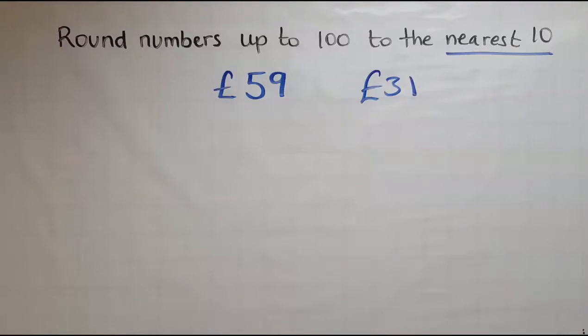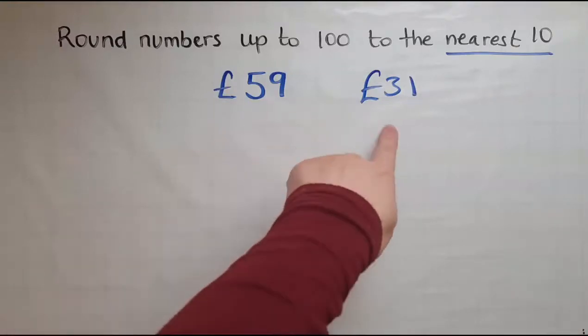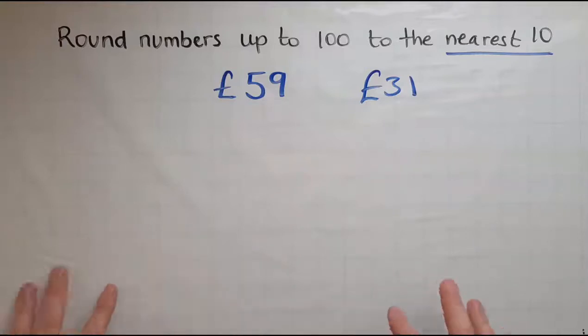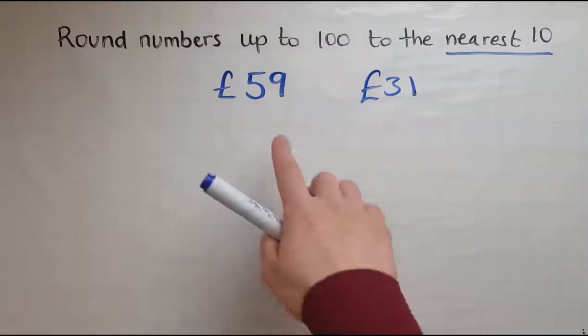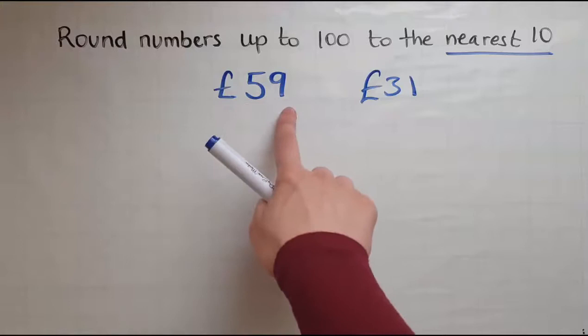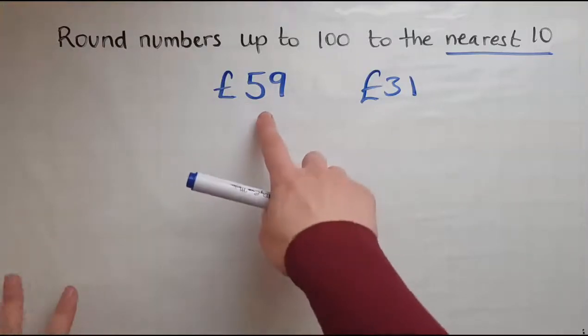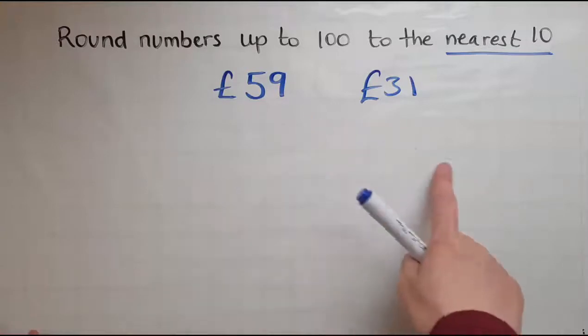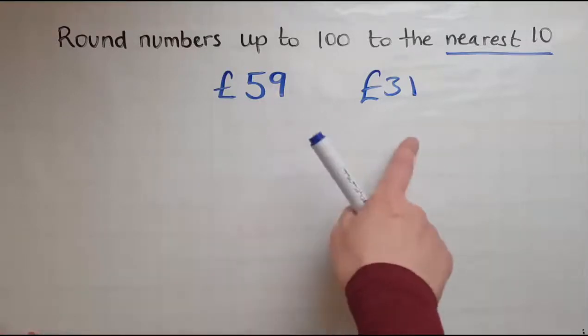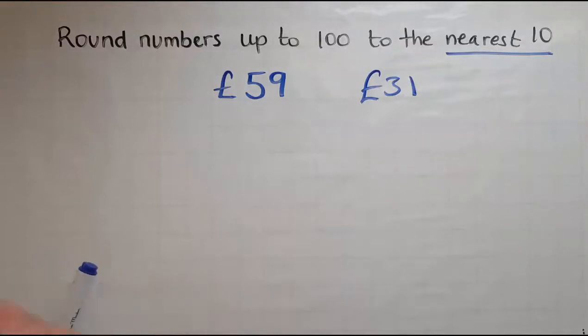So we normally think, oh, I've spent 60, another 30, that gives me 90 in total. So we're not using the actual amount, we're estimating, or we're rounding this number and adding these rounded numbers together.